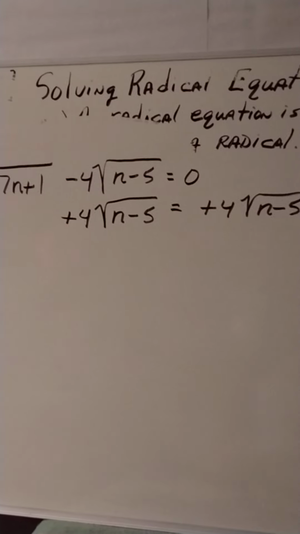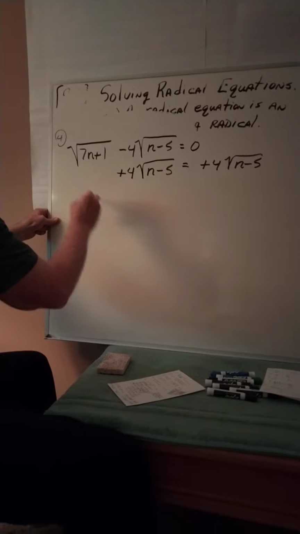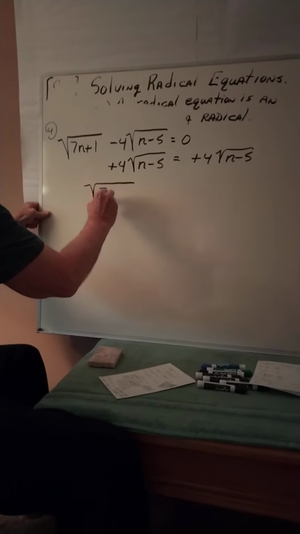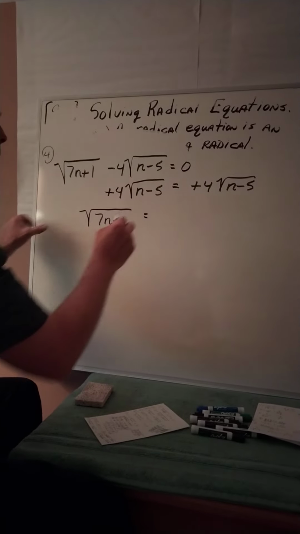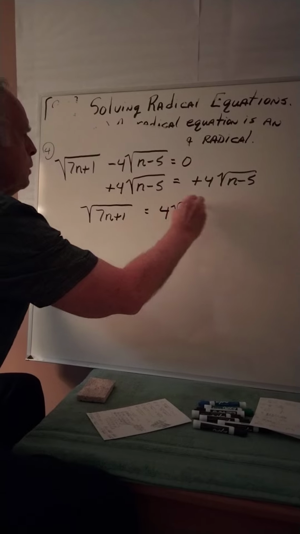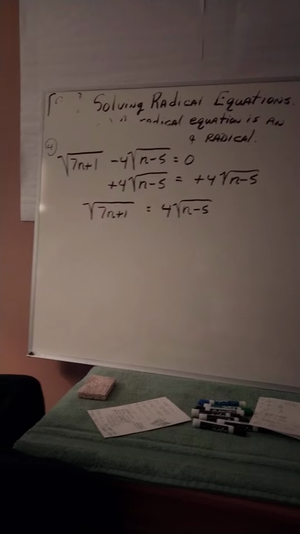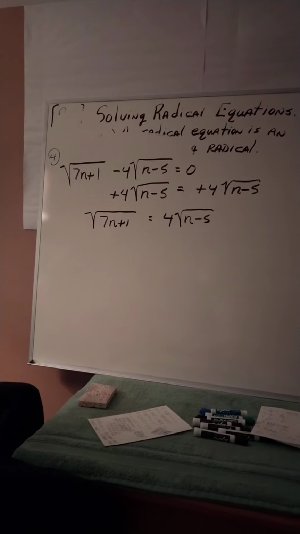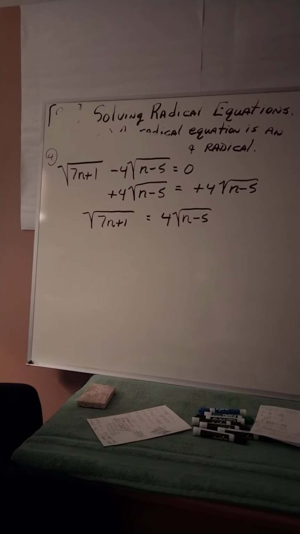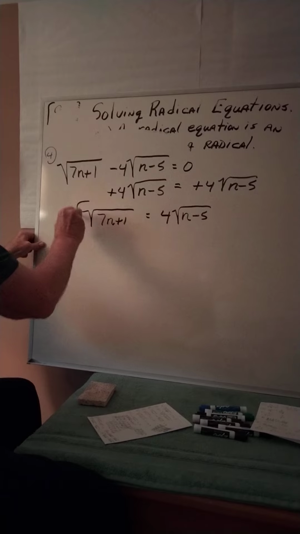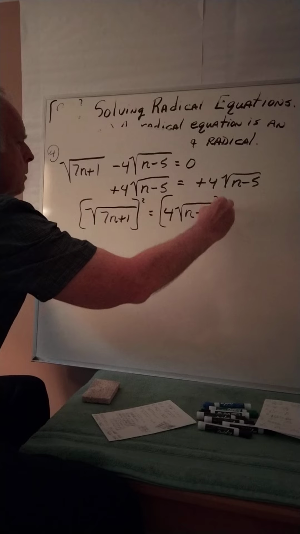Now let's put it together, and we'll have on the left the radical of 7n plus 1 is equal to, on the right, 4 multiplied by the root n minus 5. Now we don't have any more than one radical per side, so this is fine. Now we'll square both sides. We'll square the left, and we'll square the right.